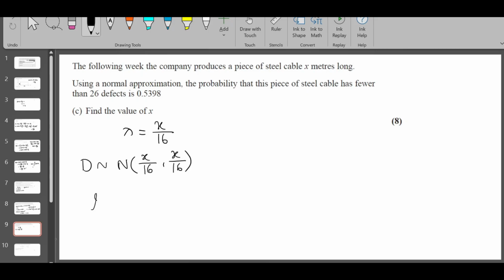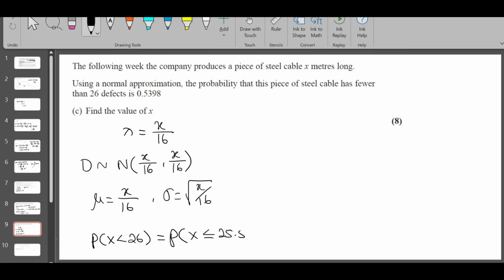Where mu is X over 16, sigma is square root of X over 16. Find the probability that this piece of cable has fewer than 26. So P of D is less than 26 is the same as, applying the continuity correction, less than or equal to 25.5. And standardize the normal distribution.